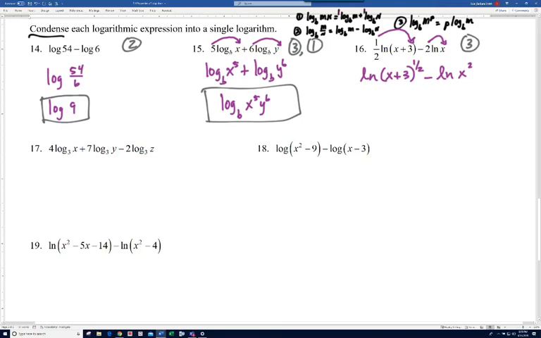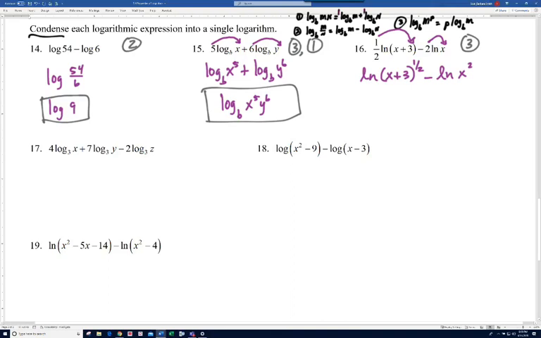Now notice I didn't change this from a minus. I could have made this x to the -2 power and written plus instead, and it would work, but I find it's easier to just keep the sign the way it is. So all we're doing is moving 2 to be an exponent.